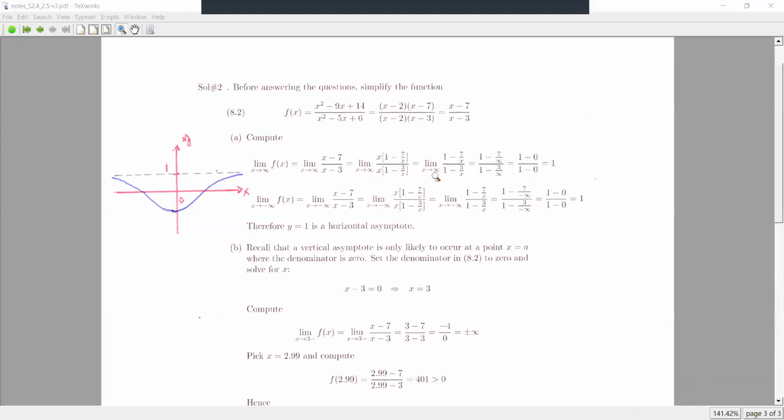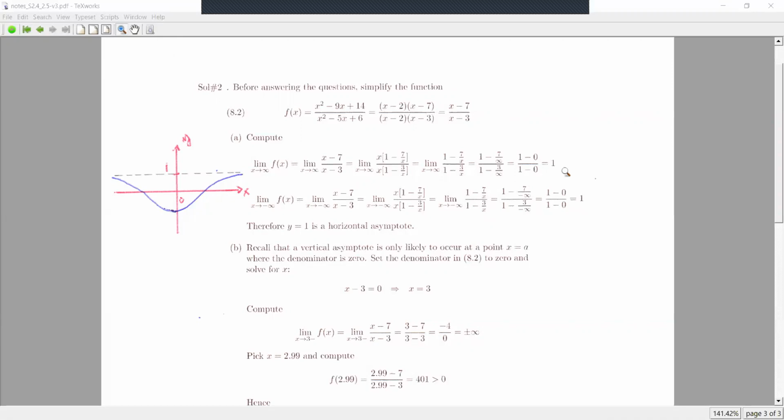As x approaches infinity, 7 over x and 3 over x approach 0. So this limit is this number. This number is 1. So as x approaches positive infinity, the function value approaches 1.